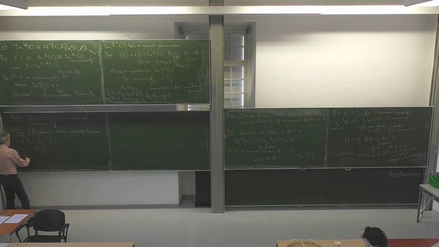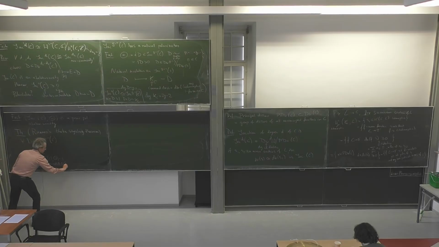The dimension of the space of sections is 1, right? So you can think that the unique section is called theta tau z, right? Oh, sorry, no, it's not.